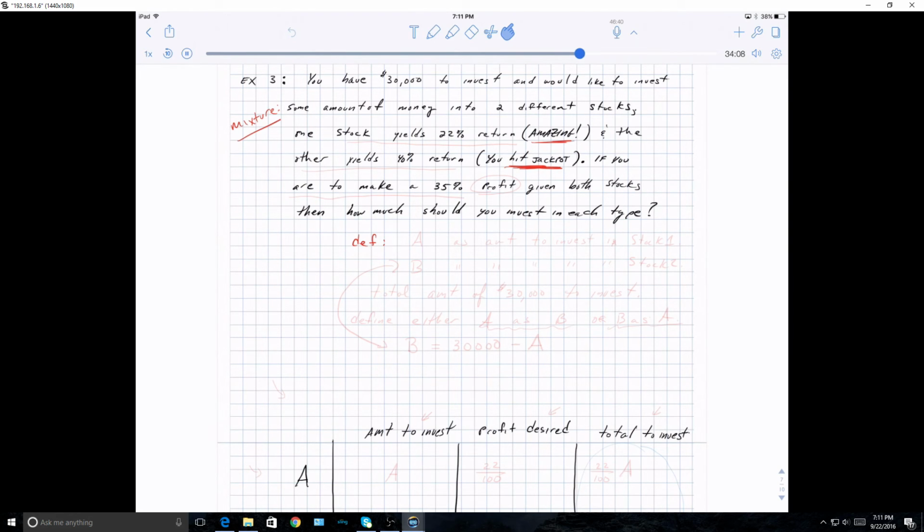So let's define A as the amount to invest in stock 1. And let's let B be the amount to invest in stock 2.